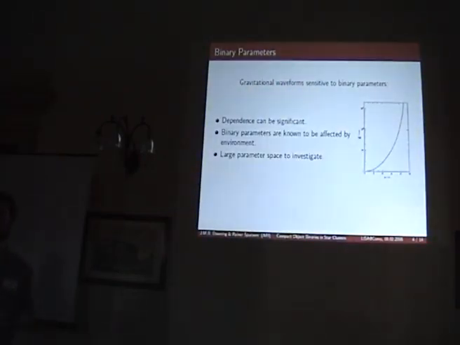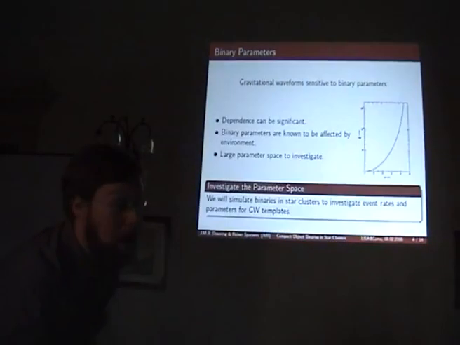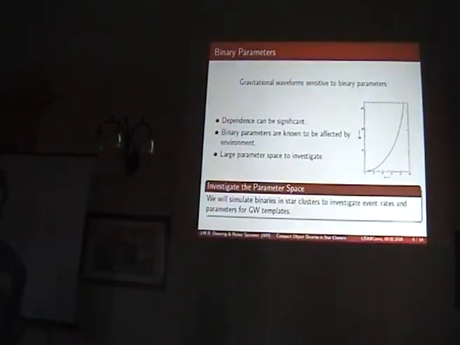So you get different effects, but still ultimately it is very environmentally dependent. And there's, of course, a very large parameter space to investigate. People are particularly interested in whether you actually have to worry about eccentricity in the final inspiral and so on. So we want to investigate this parameter space.